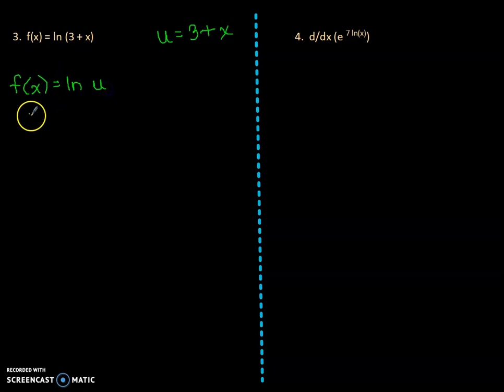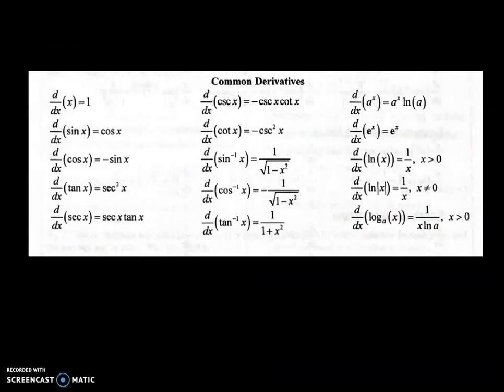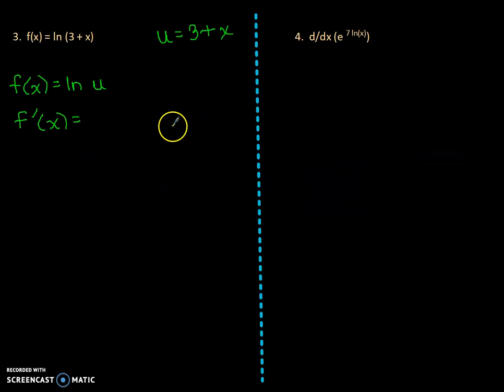So I have to find the derivative of natural log of u. Again, I'm going to go to that first page. The derivative of natural log is 1 over x, or in this case, 1 over u. And again, since I'm deriving with respect to u, times du over dx.